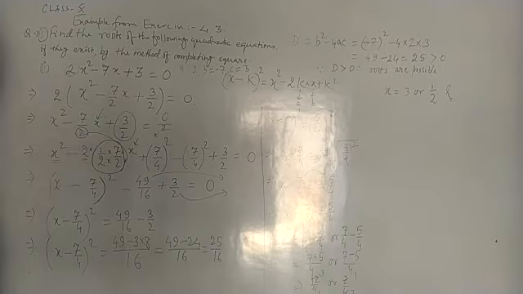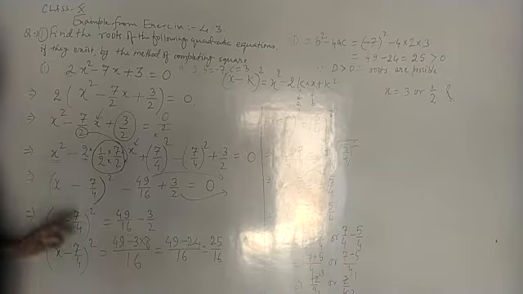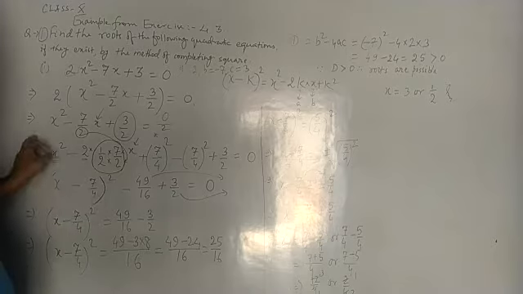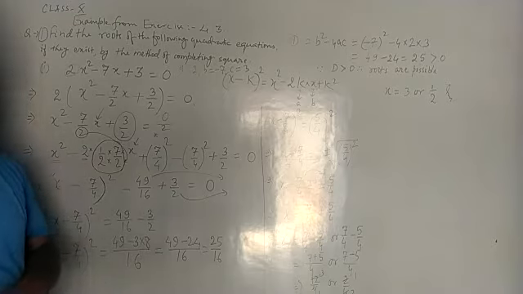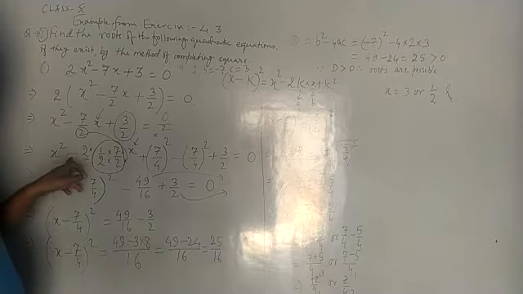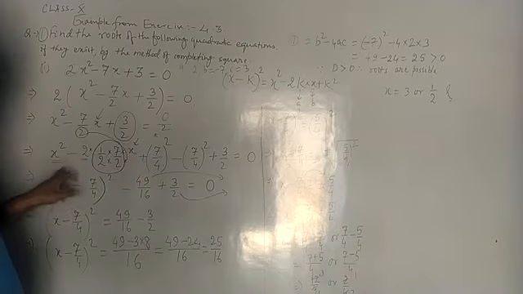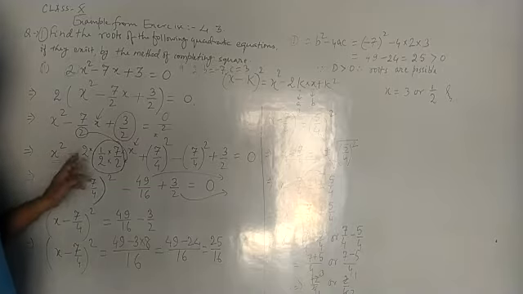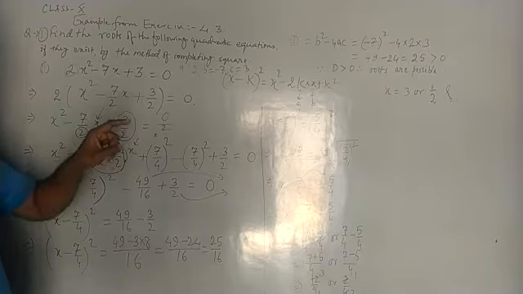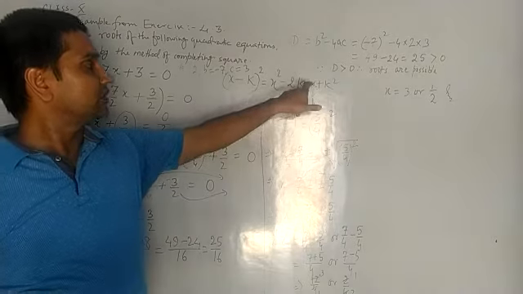So then 0 will again come, and then this crucial step, look, we want to make it either x plus k whole square or x minus k whole square. If the minus sign is with the term having x, then we will consider that an x minus k type whole square will be there. So x square minus, generally what we write in x minus k whole square, 2xk.